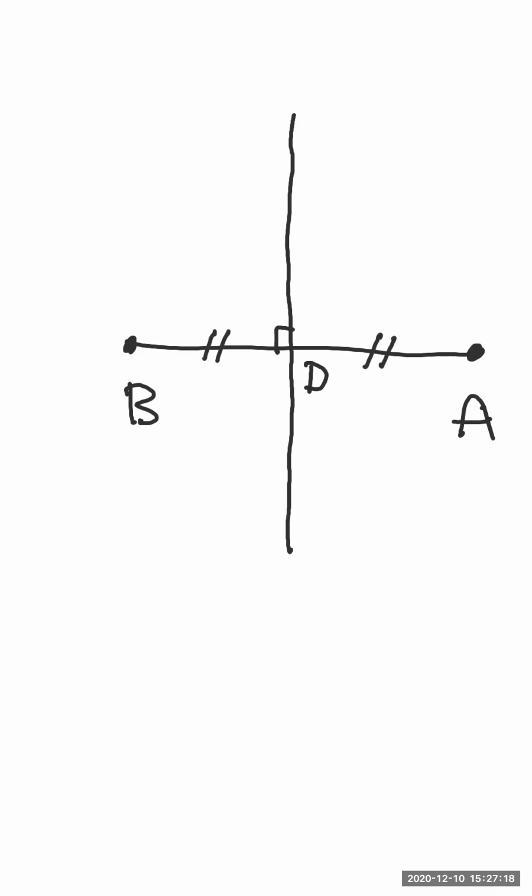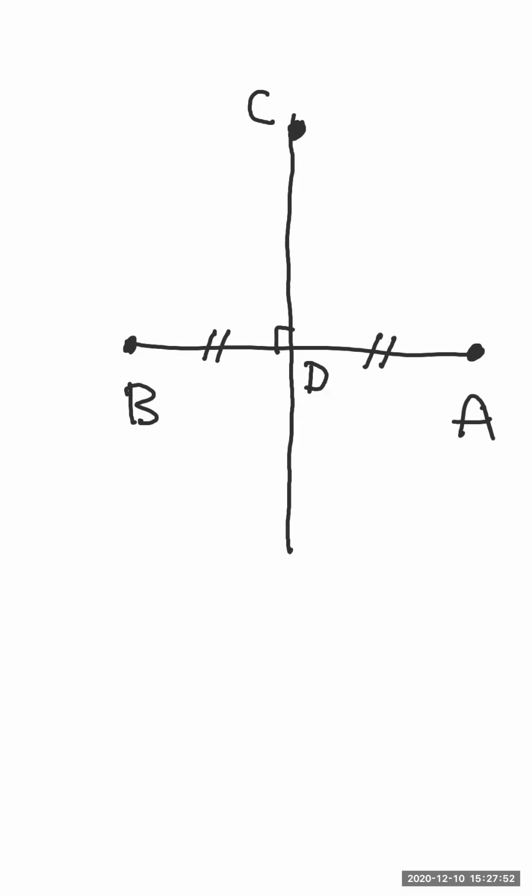Okay, so now if I consider that this point is C, then CD is the axis of symmetry of the line segment AB. Any point on this axis of symmetry is at equal distance from its terminals.